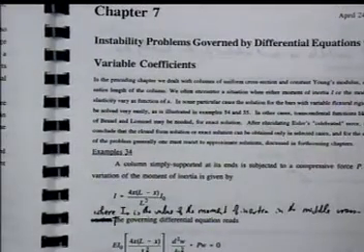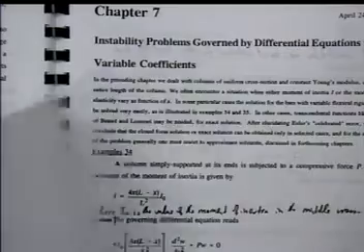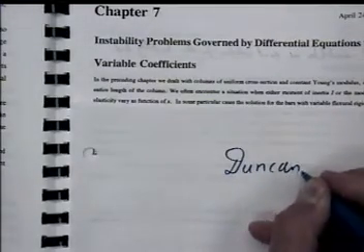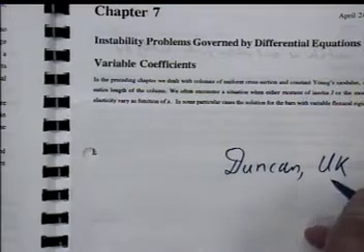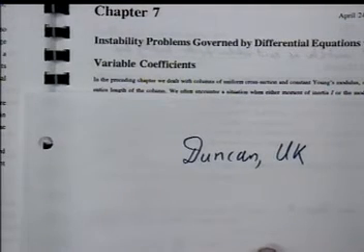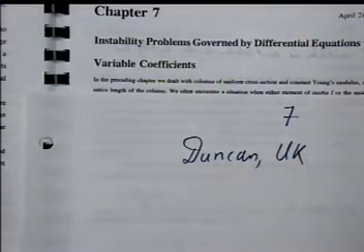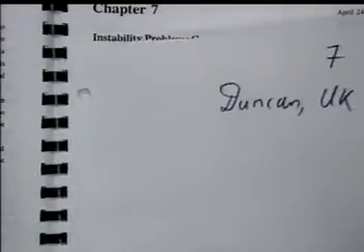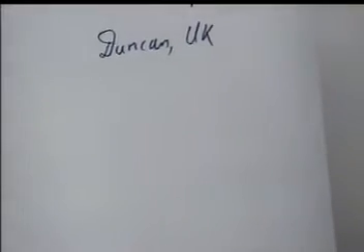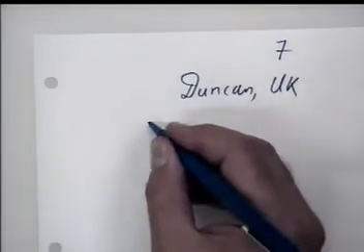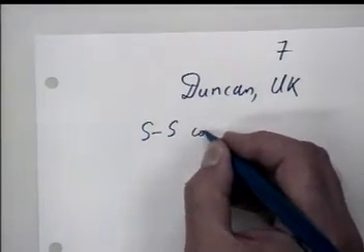But this example belongs to someone whose name is Duncan, from United Kingdom. He says, consider a simply supported column.